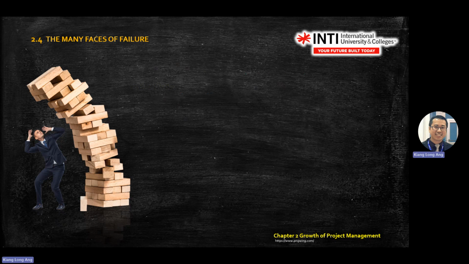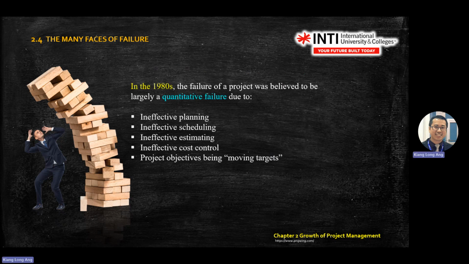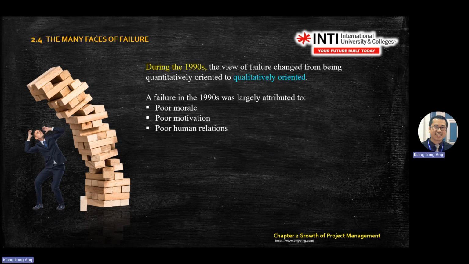Then as you move on, 1980s is this 5 point. Then as you move on, it becomes qualitative instead of quantitative. Qualitative means very abstract. For example, what is quantitative and qualitative? Quantitative means things that you can measure, like for example, apples. Apples you can measure. Qualitative means something that you can only describe.